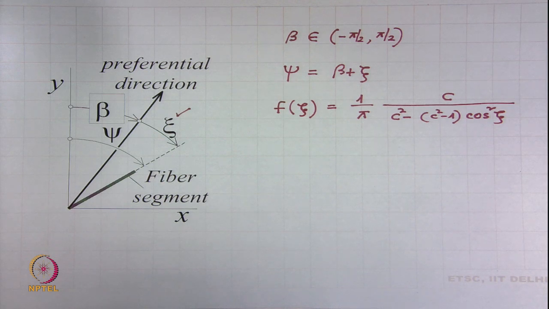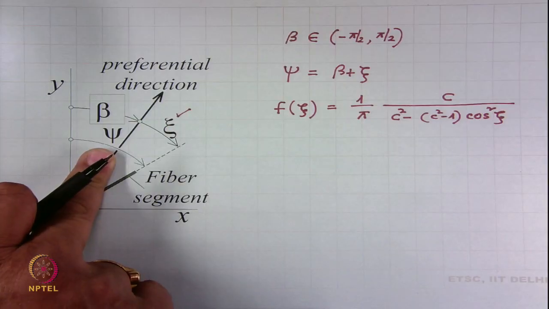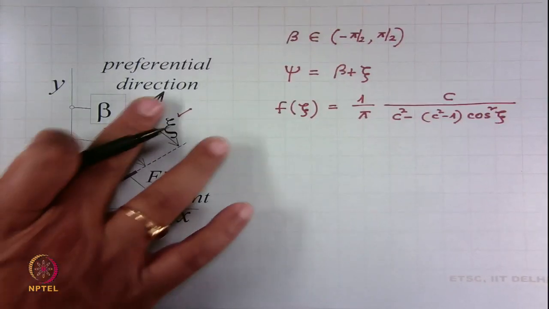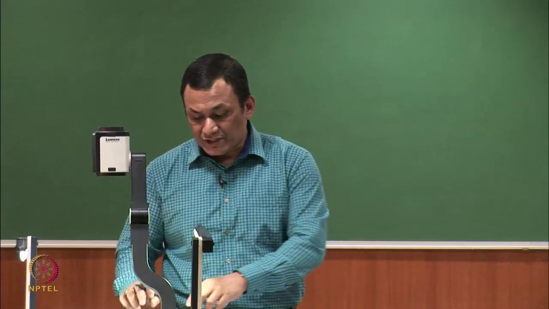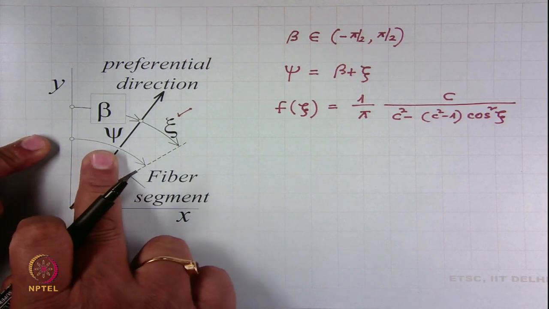But we need to find out anisotropy with respect to psi, but this expression is with respect to the preferential direction. So, what will be the expression for anisotropy with respect to the y axis, or using angle psi?